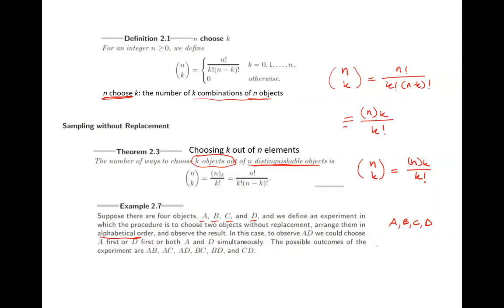Then I might have these possibilities: AB, AC, AD, right? Starting with A. The next letter is B, so BC and BD. Next, CD. So the total number of outcomes is simply 6. So what does it mean? We choose 2 from 4, right? 2 out of 4. So we can simply use this formula.